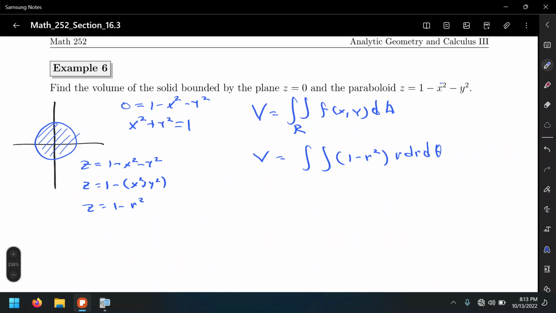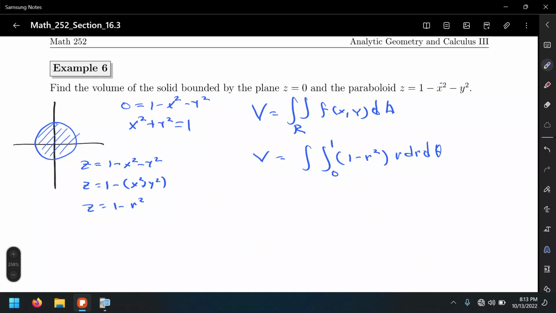Now let's look at the limits of integration. The innermost integral computes the radius variation. If we look at this region of integration, r varies from 0 to 1, because it's all the points within the unit circle.